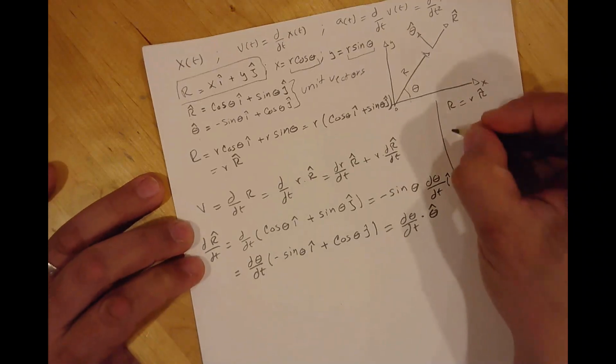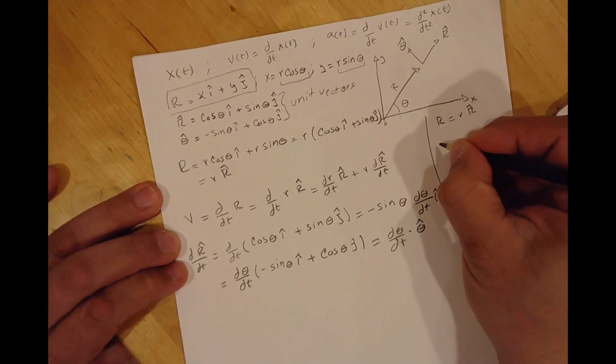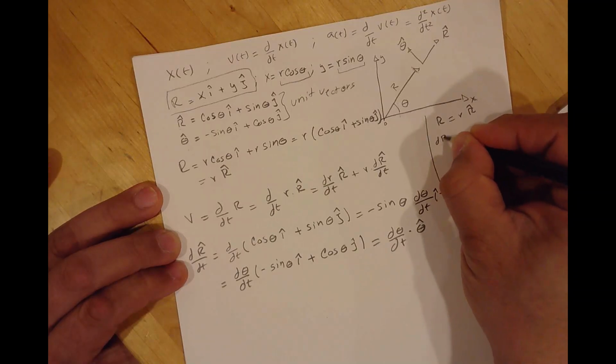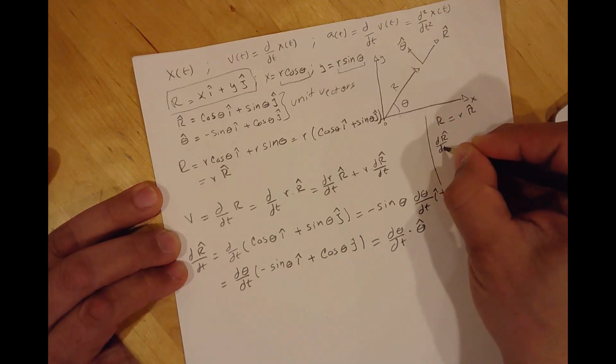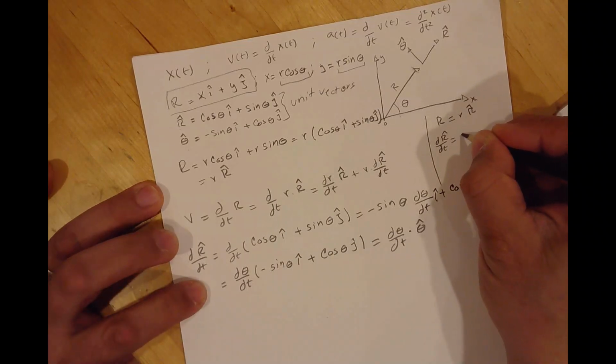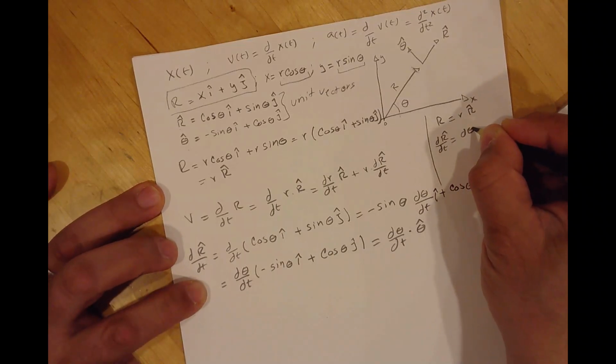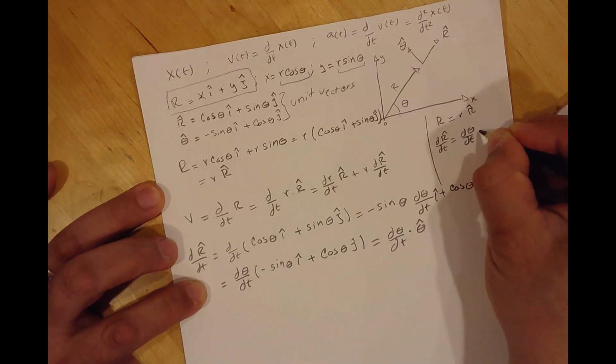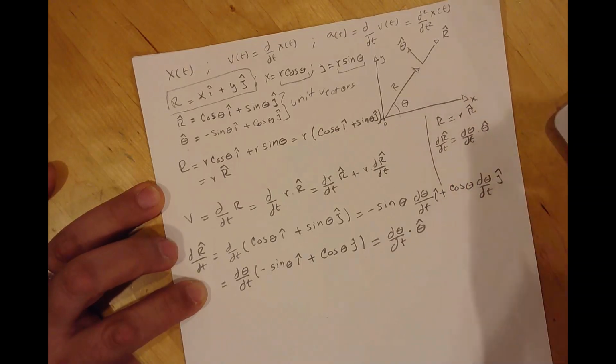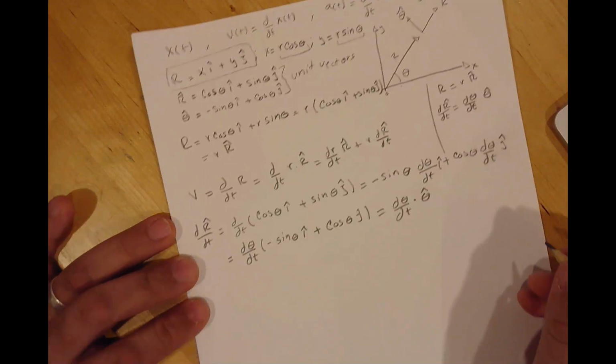So let's write it here: the derivative of the unit vector r with respect to t is equal to the derivative of theta times the unit vector theta.